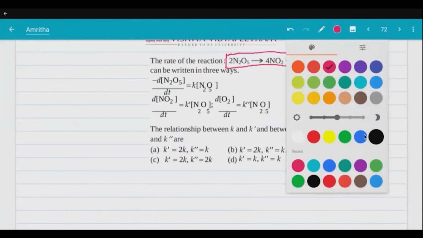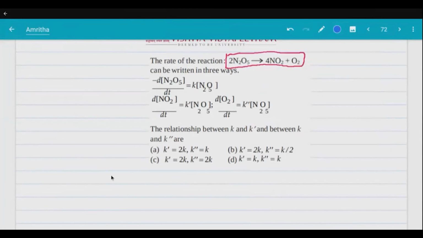So look at this, how I wrote this equation. -1/2. According to the equation, whatever coefficient we have, we write in the denominator, because rate has to be defined per mole. So 2 moles are there, per mole means by 2.